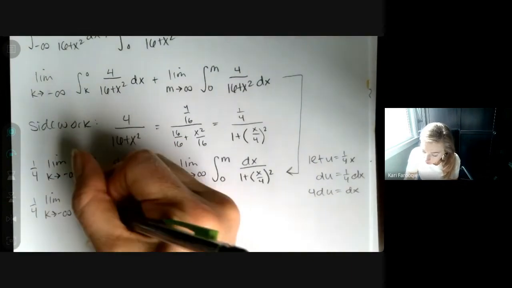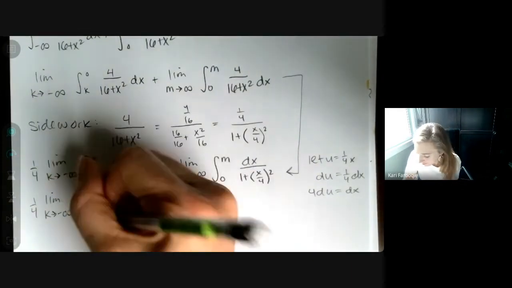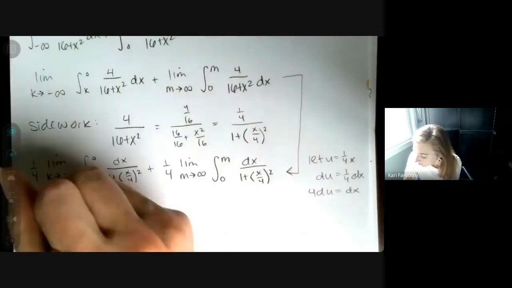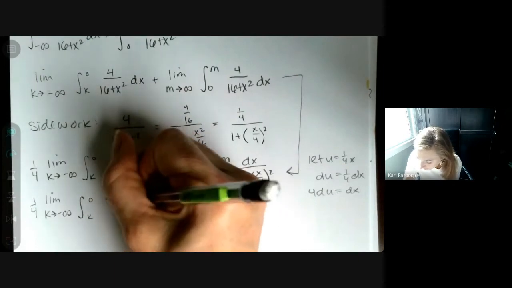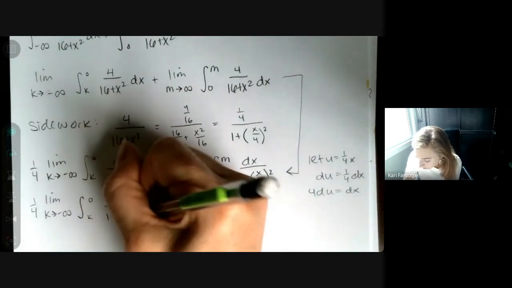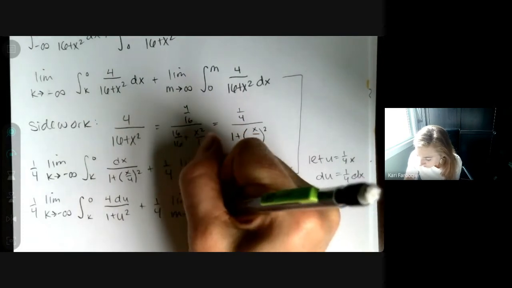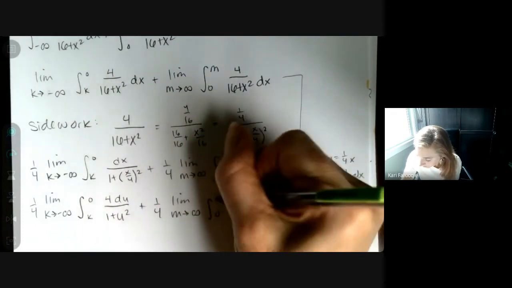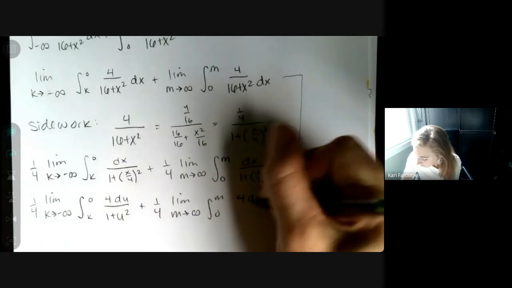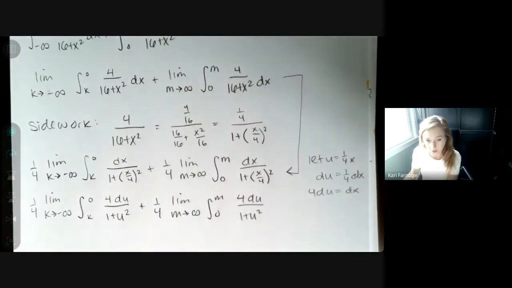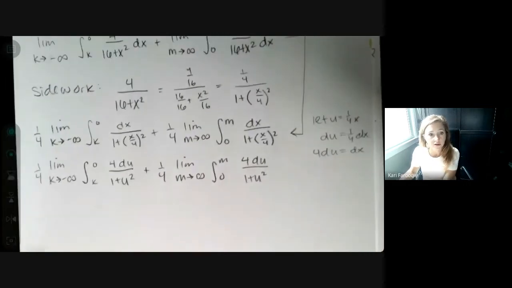So if you even want to rewrite this one more time, I know you do. I'm just kidding. 4 du over 1 plus u squared. And then you can just go ahead and use the inverse tangent of u when you integrate.